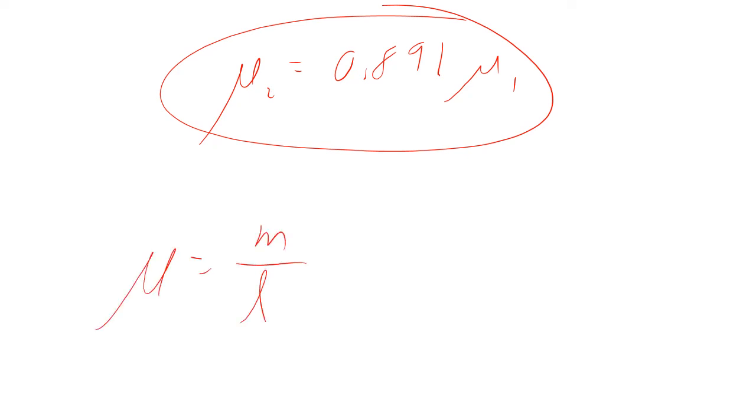And so I could use a string that has 89.1% of the mass per length, and that would also let me play A sharp using the same tension and same length string that I previously was using to play the note A. And so this is the basics of using some of this idea of standing waves in musical instruments.